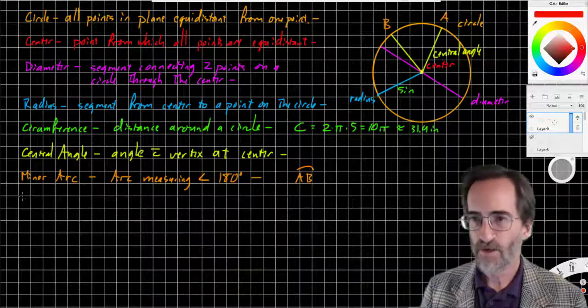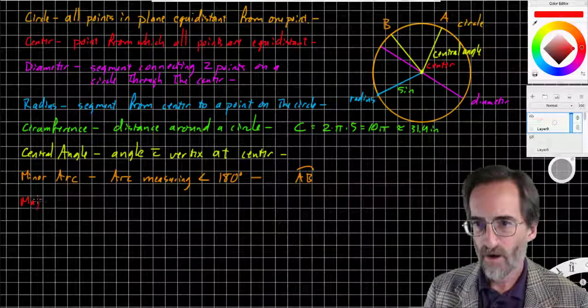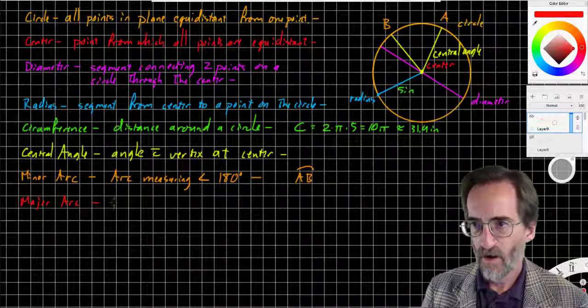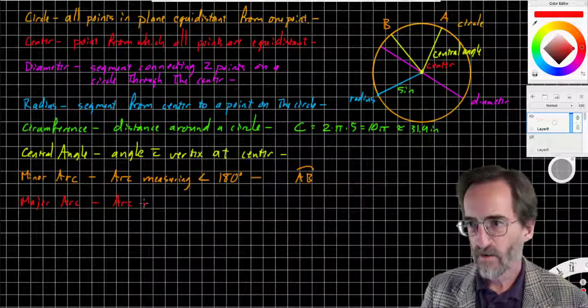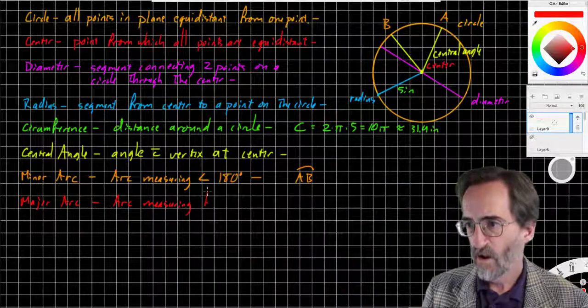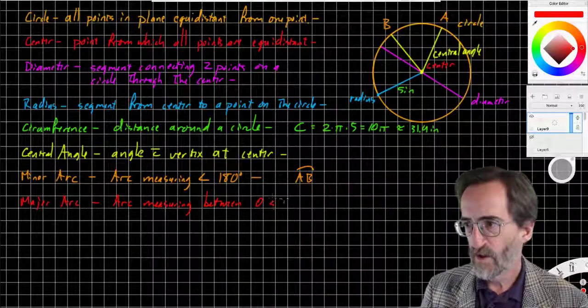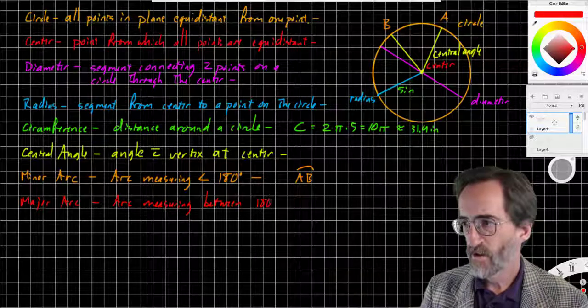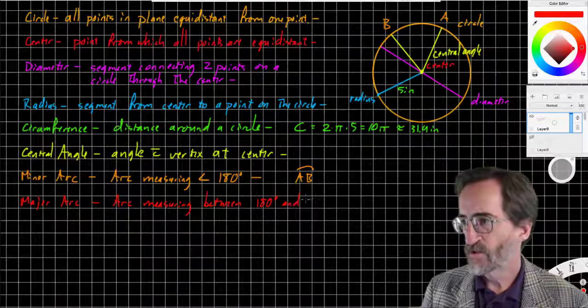Okay, major arc. An arc measuring between 180 degrees and 360 degrees.